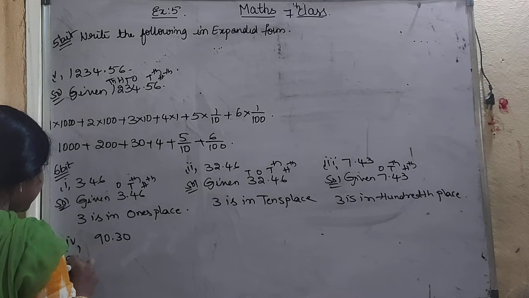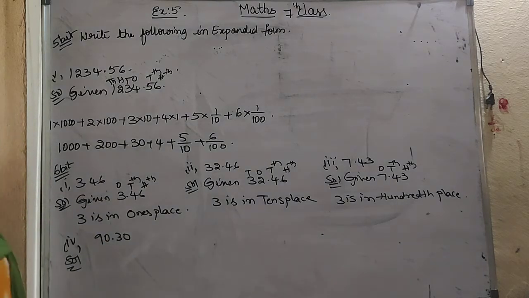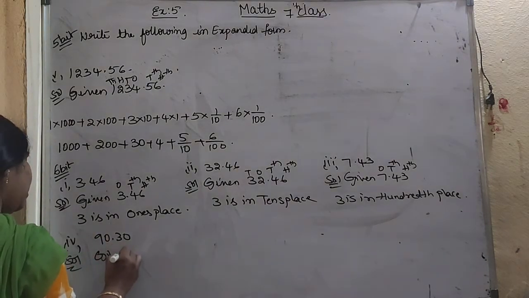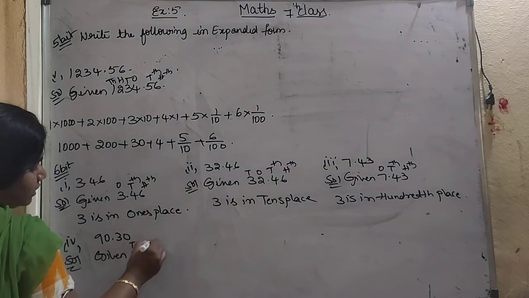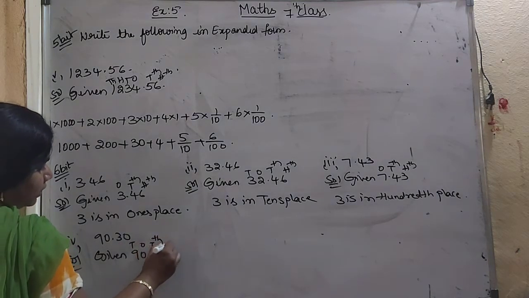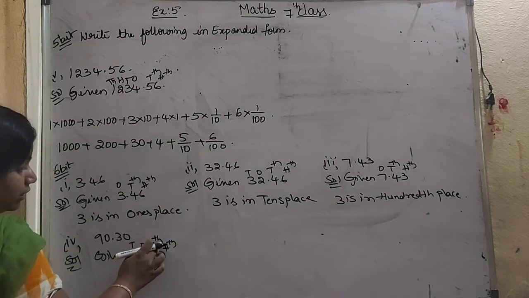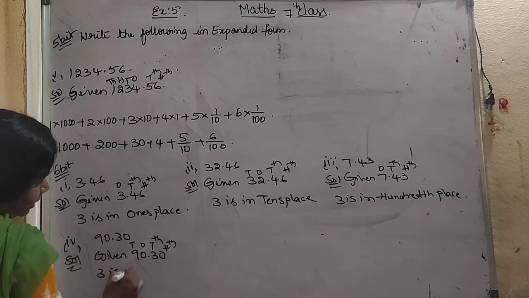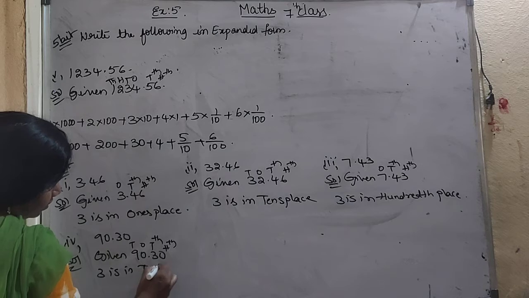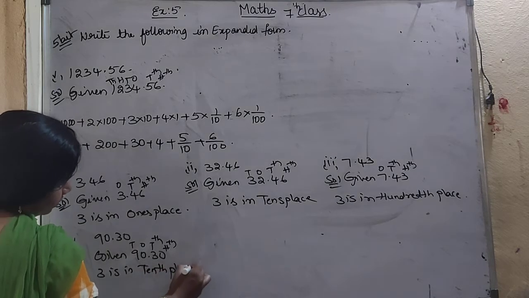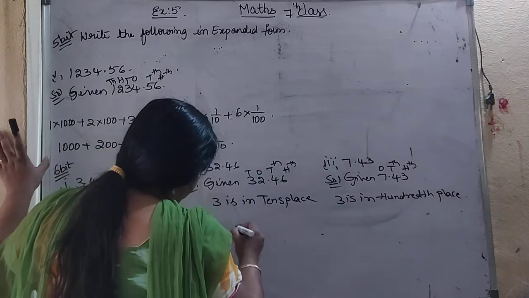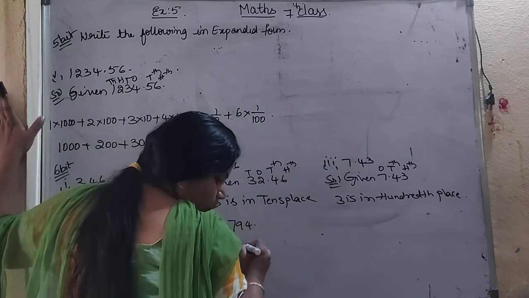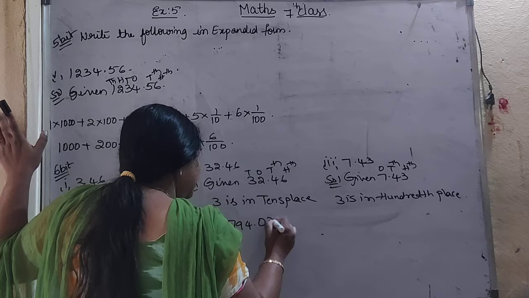Okay. So next is the fourth one, 90.30. Now what is the place value of 3? We have to find. So given 90.30, ones, tens, tenth, hundredth. So 3 is in the tenth part. So 3 is in tenth place. Now the last one in this bit, 794.037.